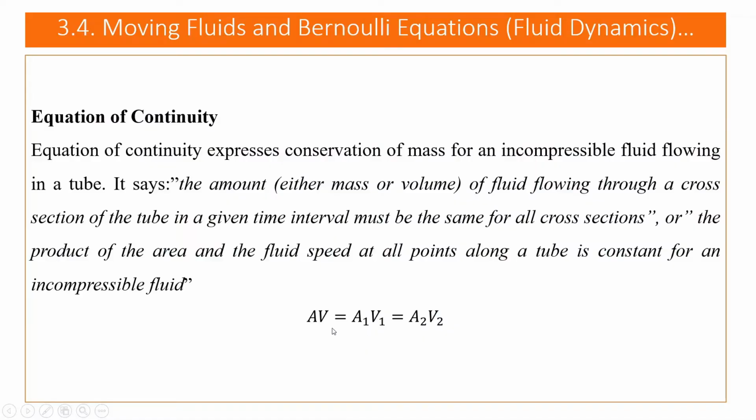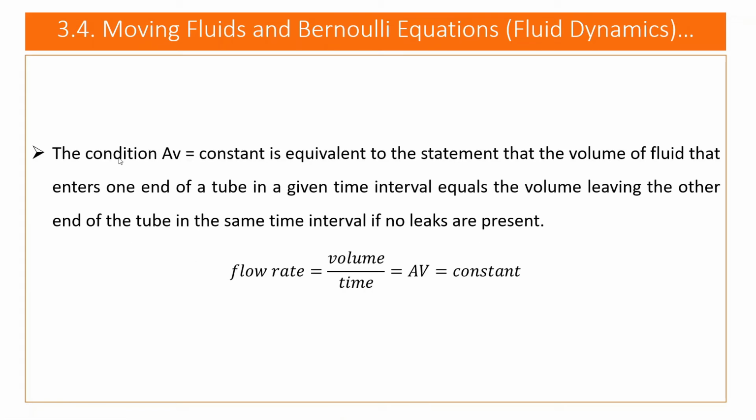Therefore, in general, the condition AV equal to constant is equivalent to the statement that the volume of the fluid that enters one end of the tube in a given time interval equals the volume leaving the other end of the tube in the same time interval, if no leaks are present. So flow rate is equal to volume over time, which is AV, which is equal to constant.